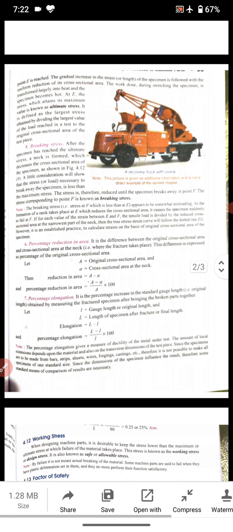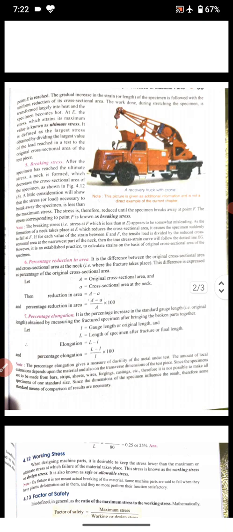Since specimens are to be made from bars, strips, sheet, wires, forging, casting, etc., it is not possible to make all specimens of one standard size.